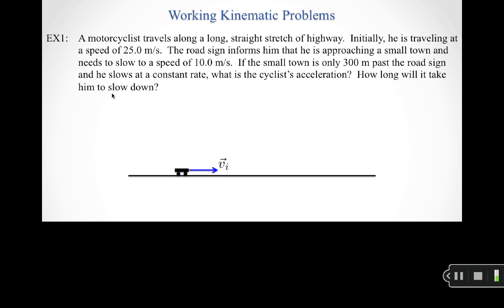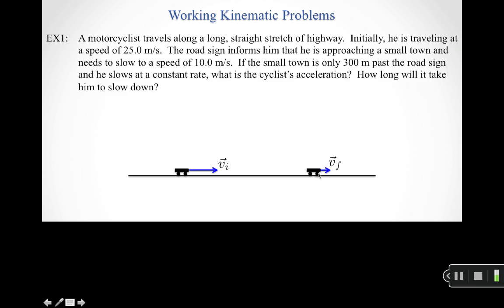And so I'm going to start by figuring out what I know. To help me figure out what I know, I'm going to start where we usually do with a physics problem. I'm going to take this word problem and turn it into the right picture. So again, here's my cyclist initially. There's his initial velocity.